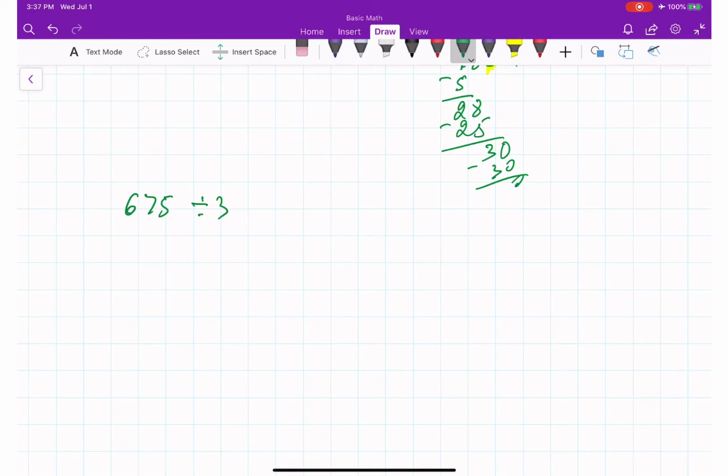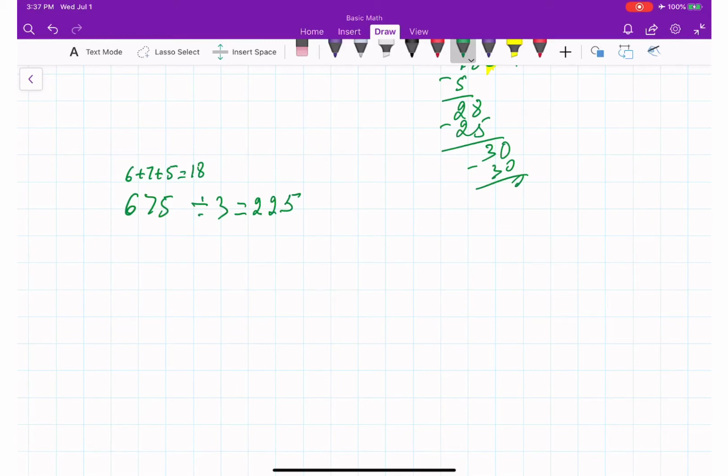How? I'm taking these digits, 6 plus 7 plus 5. 6 plus 7 is 13, plus 5 is 18. 18 is divisible by 3. That means the entire number is divisible by 3. That will be 6 by 3 is 2, 7 by 3 is 2, 1 remainder, 15 by 3 is 5.